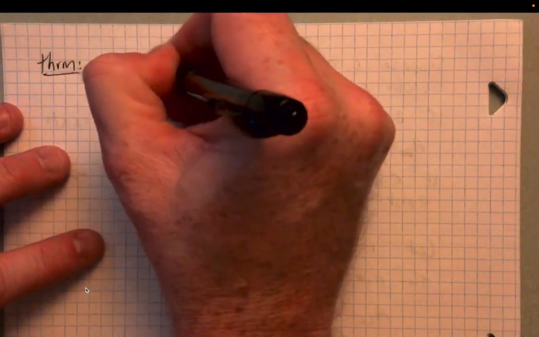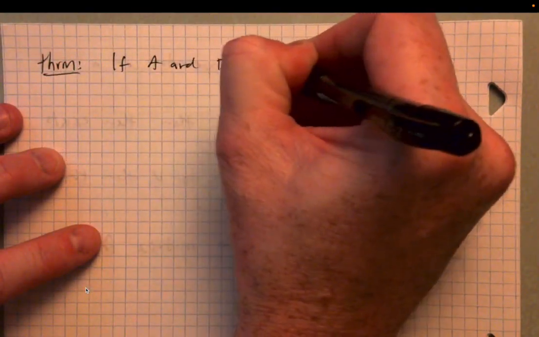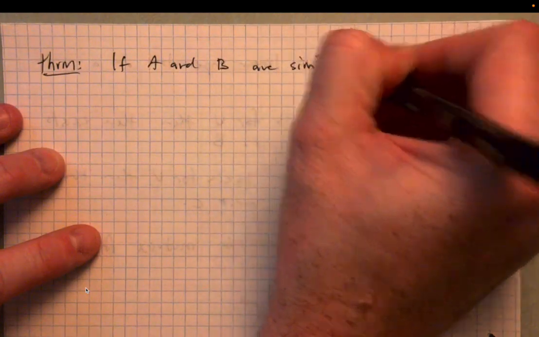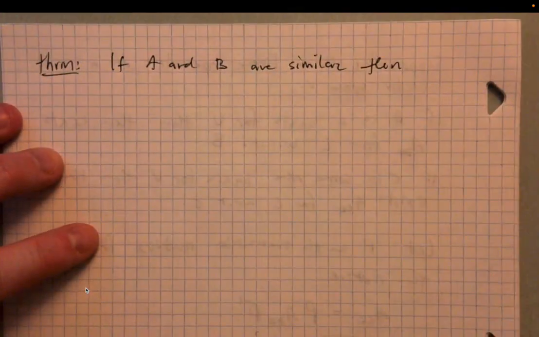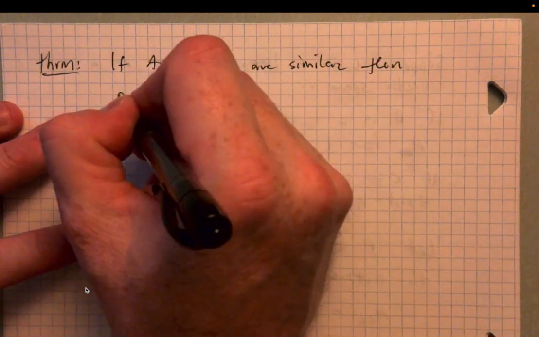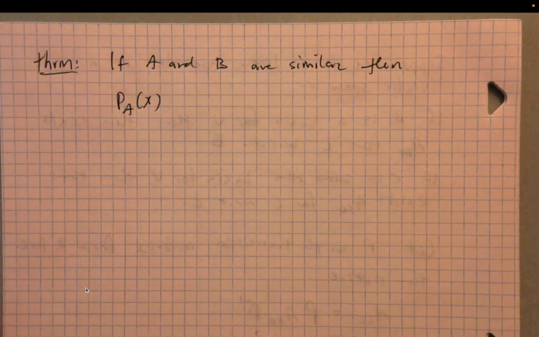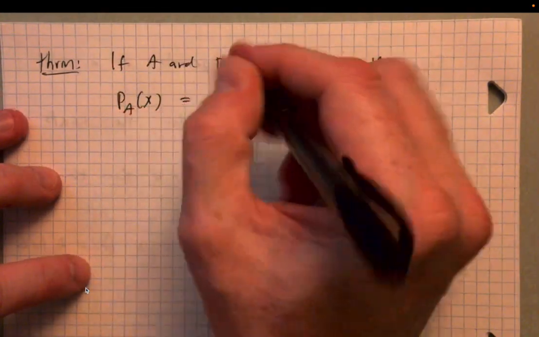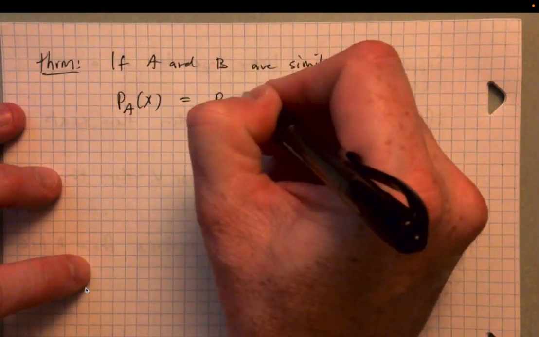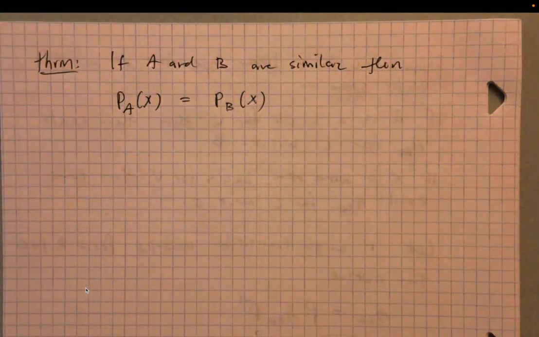So if A and B are similar, then p_A(x), the characteristic polynomial for matrix A, is equal to the characteristic polynomial of matrix B. It may not be obvious why that is true, but it is.